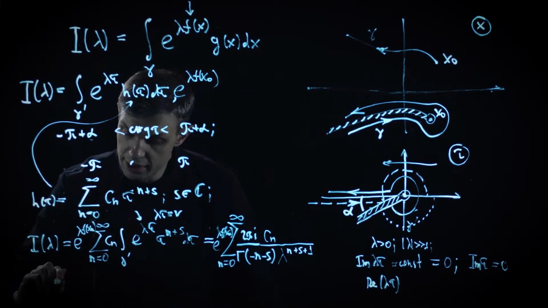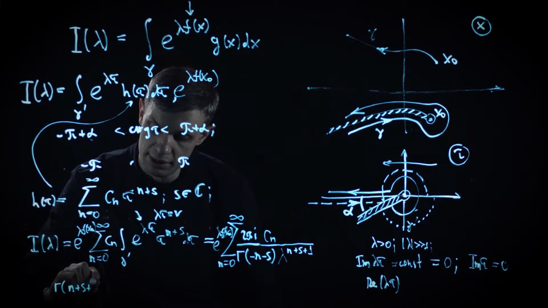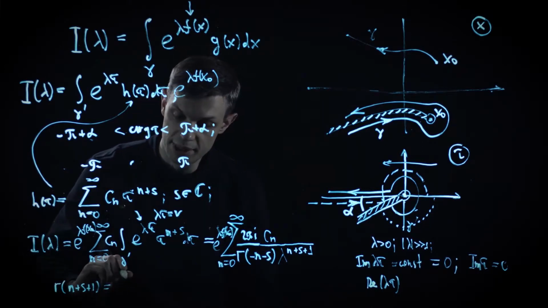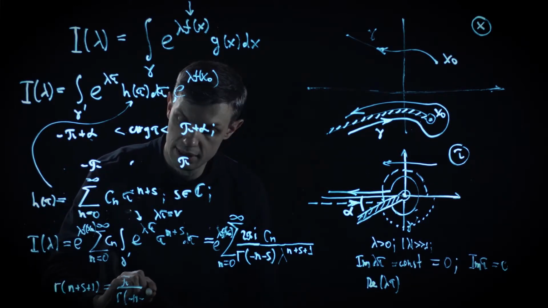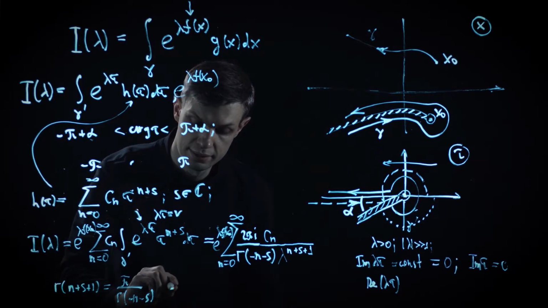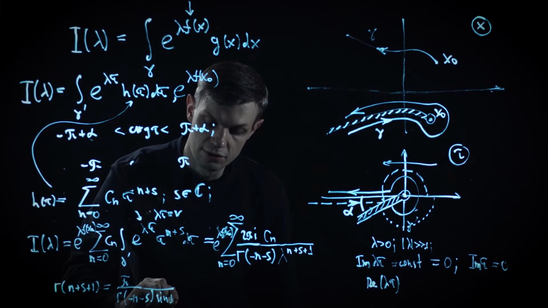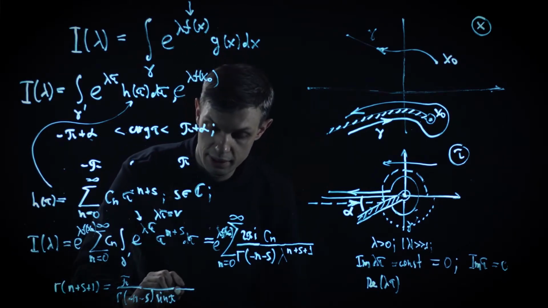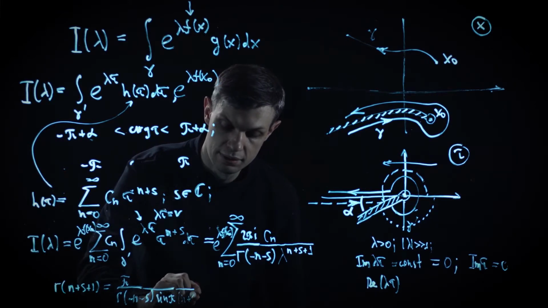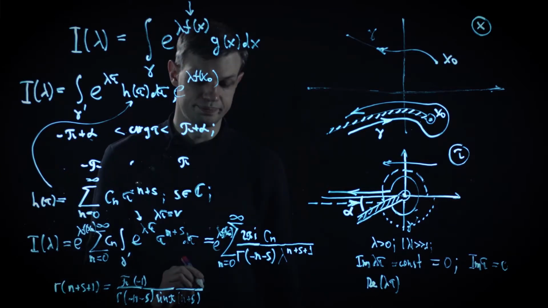Indeed, gamma function of n plus s plus 1 is simply pi divided by gamma function of minus n minus s, multiplied by sine of pi n plus s, with a negative sign here.